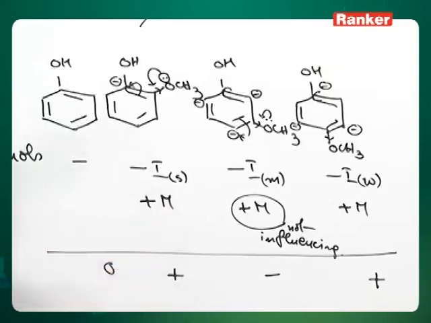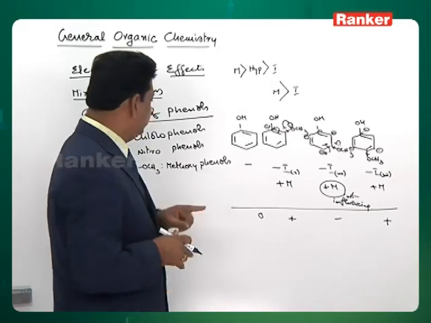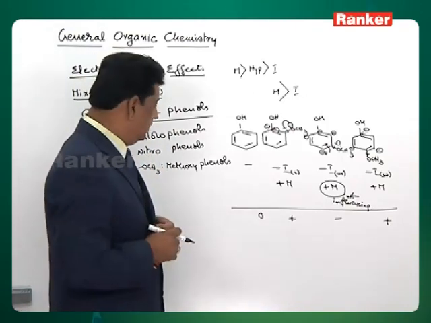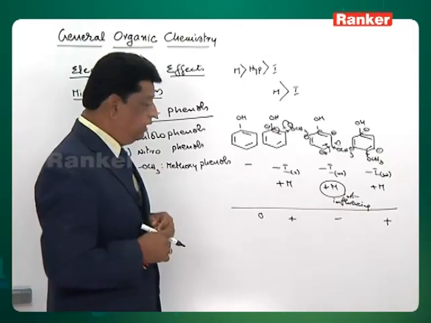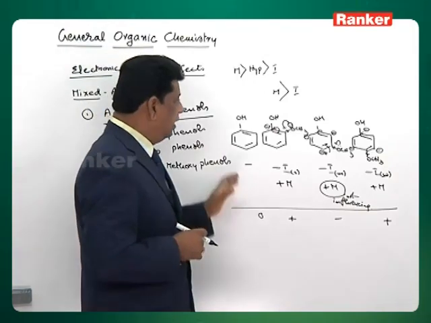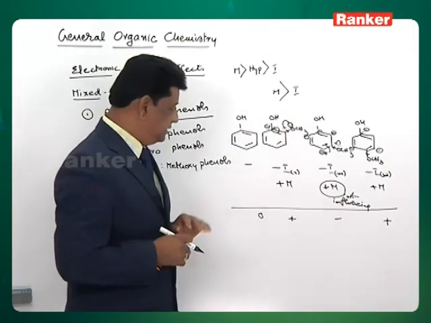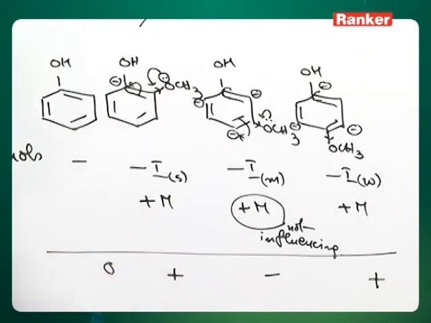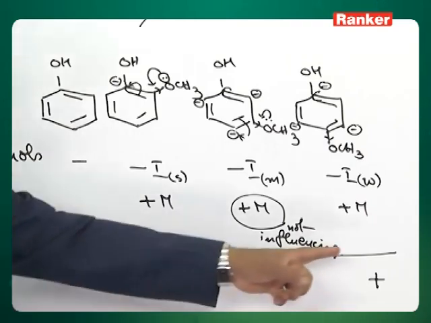Always plus M. The mesomeric effect dominates over the inductive effect, except in the case of chlorophenols and the activating property of chlorine. Always the mesomeric effect dominates. So the plus M effect is dominating over the I, therefore net is plus.